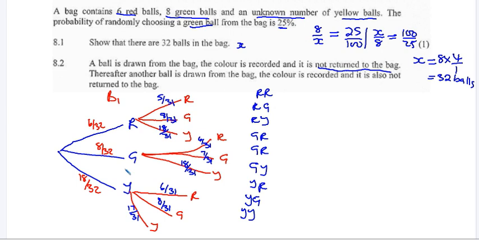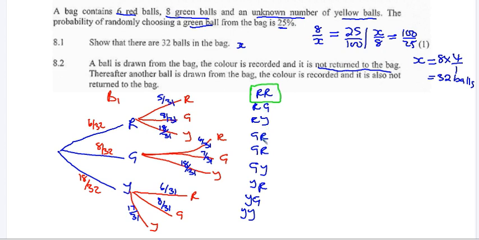The last question that we were asked is: what is the probability that the two balls are balls of the same color? These are balls of the same color, that is red and red.